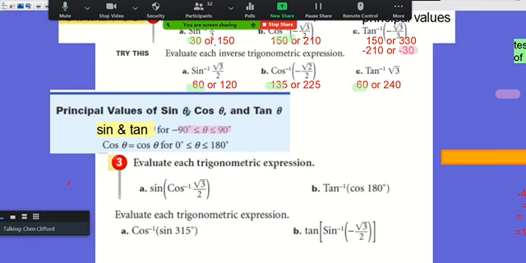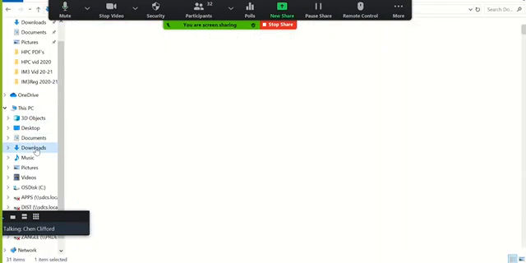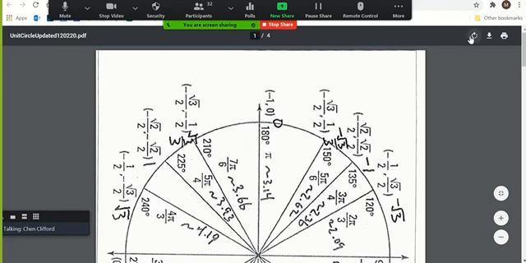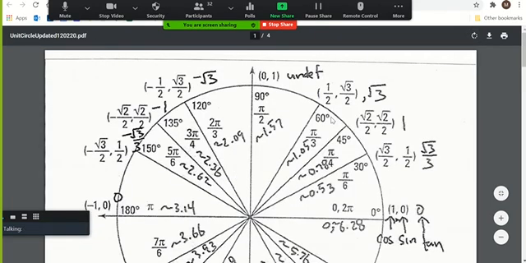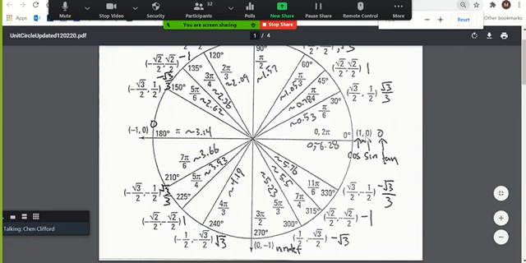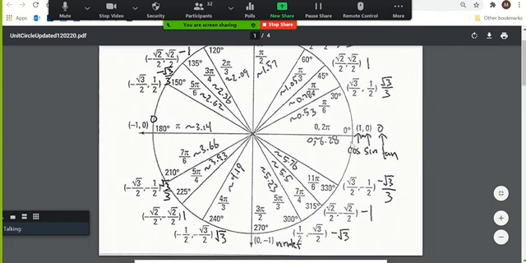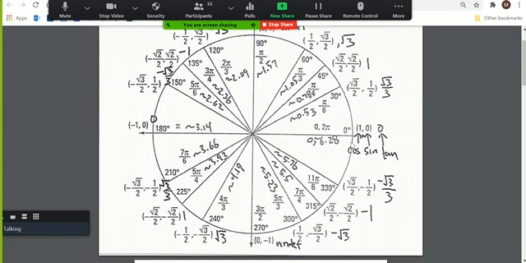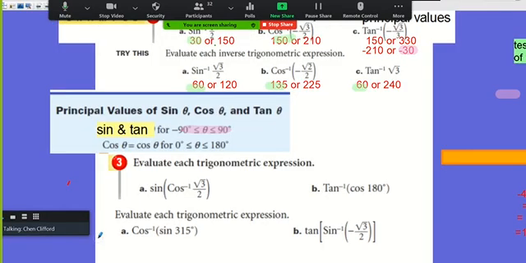So if you look right here, I'm actually going to pull this up right here, the unit circle. Okay, and zoom out a little bit. Now let's start with this guy right here.